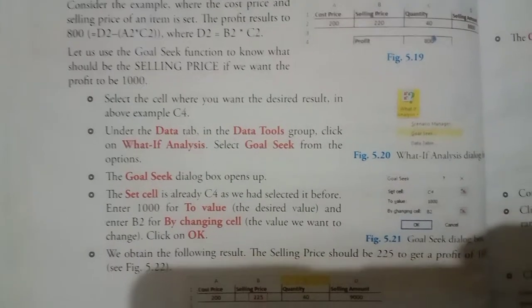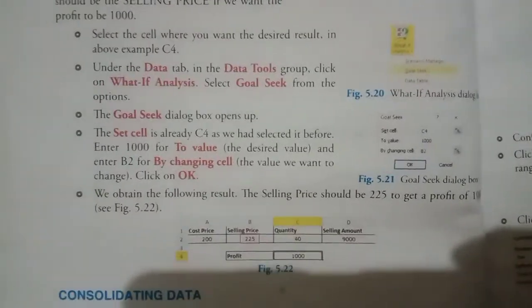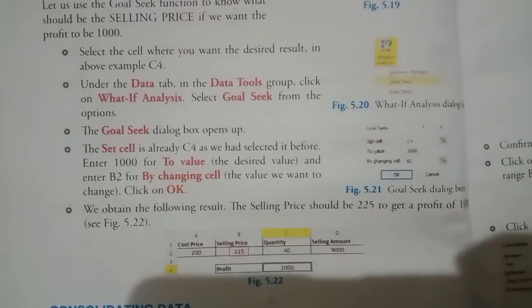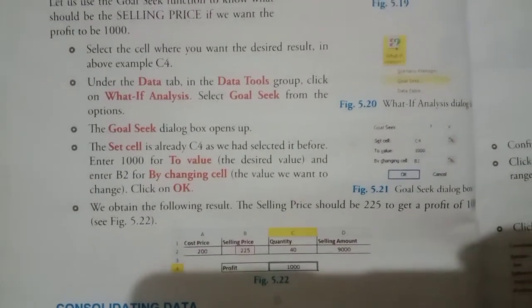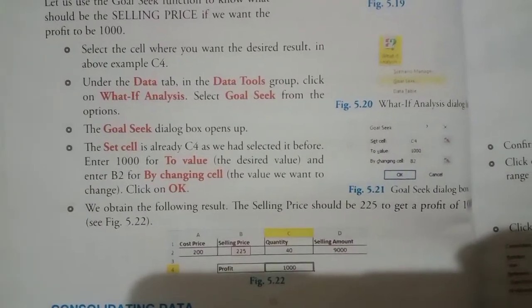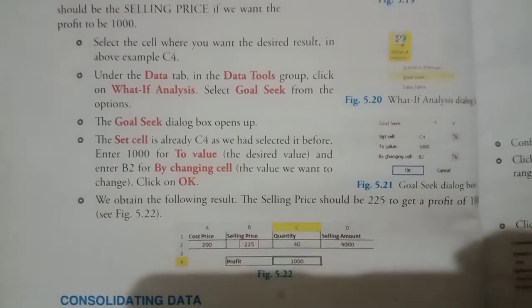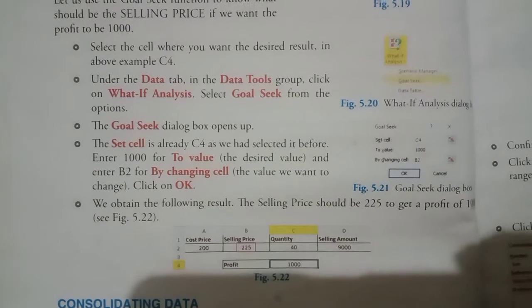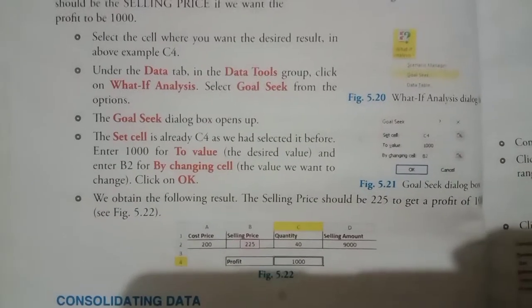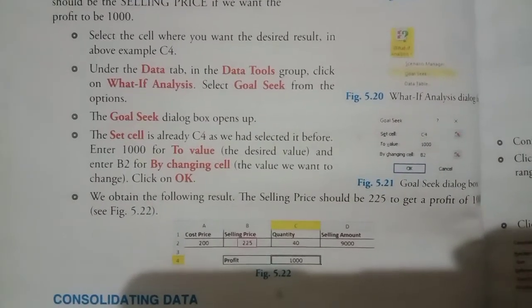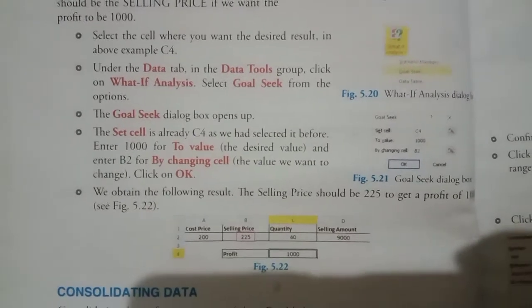The Goal Seek dialog box opens. The Set cell is already C4, the cell where we want that desired result. Enter 1000 as the desired value. Then enter B4 in the By changing cell, which is what we want to change.